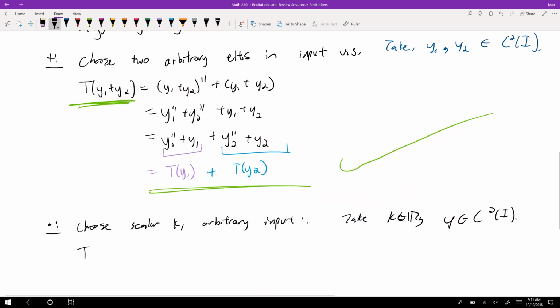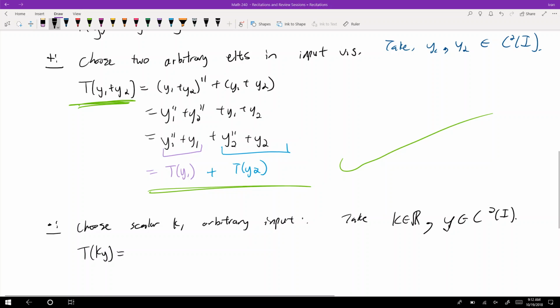So now what do we want to do? We want to take T of ky. And what is that?